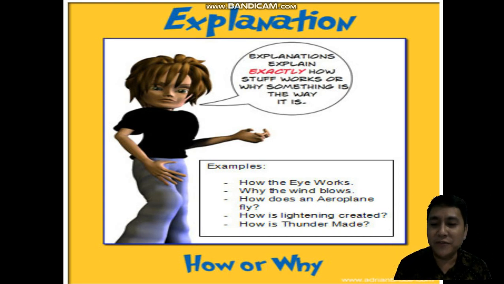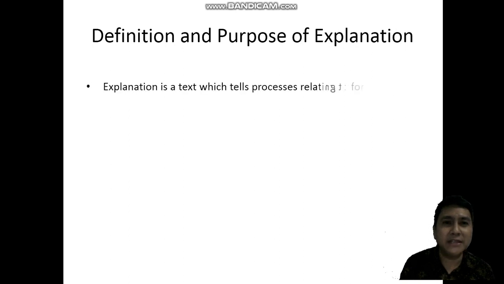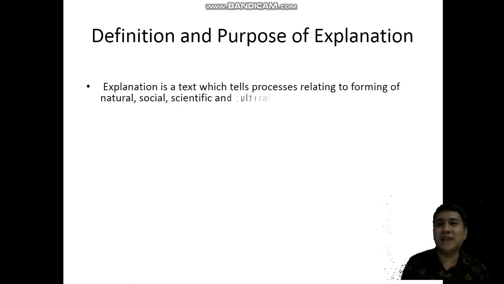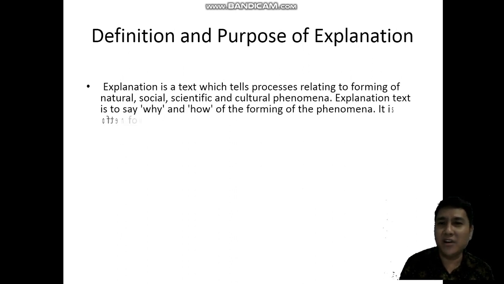Okay, so we move to another slide. The definition and the purpose of explanation. Of course, every text has a definition and purpose and function. So we discuss together the definition first. Explanation is a text which tells the process relating to the forming of natural, social, scientific, cultural phenomena.